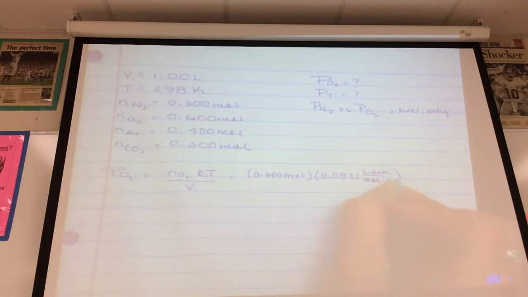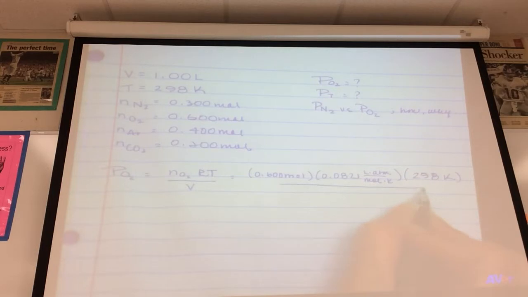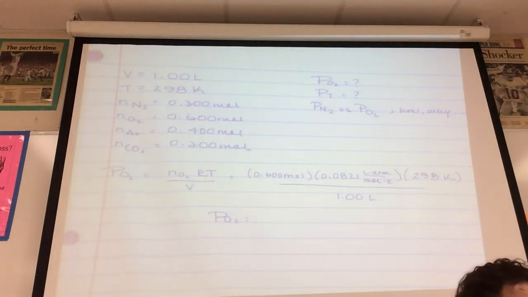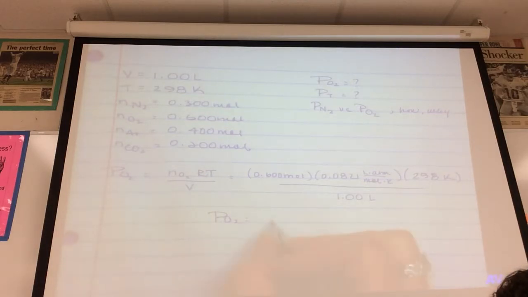I just decided to go in atmosphere because it's easy. 298 Kelvin divided by a volume of 1 liter. And so the partial pressure of oxygen is 14.7 atm, although in terms of sig figs, this was initially in 2, so let's just say 15 atm. Makes life easier anyway.